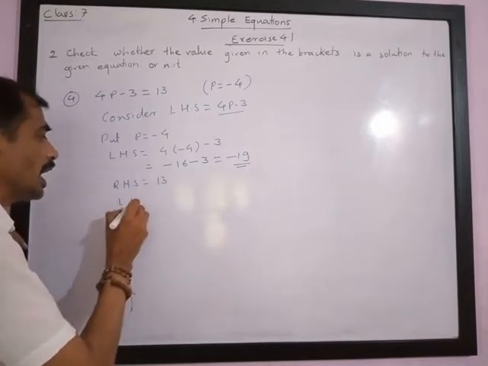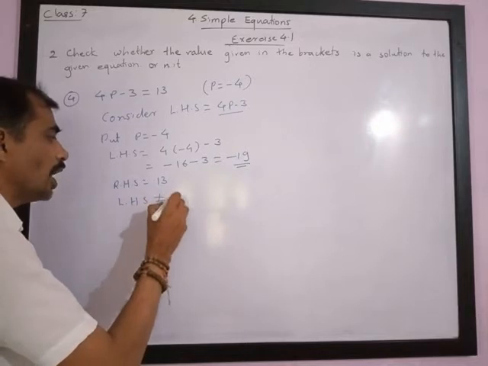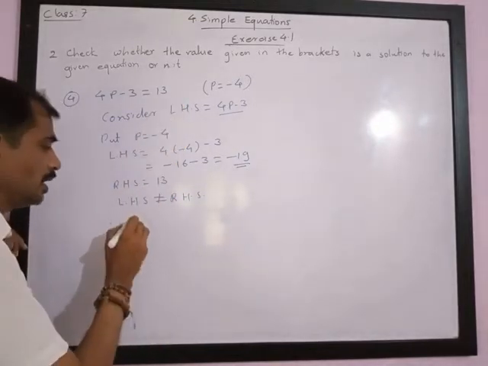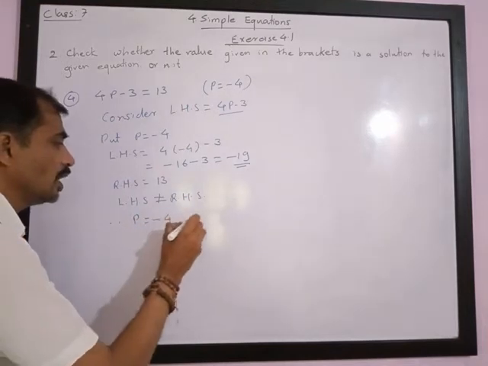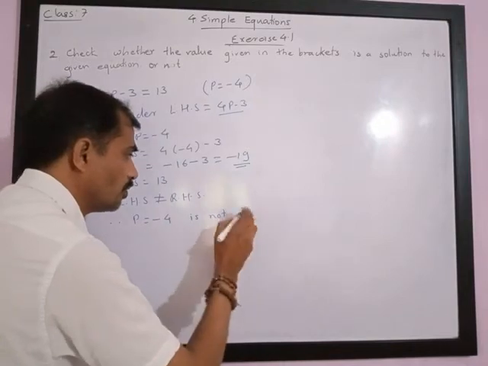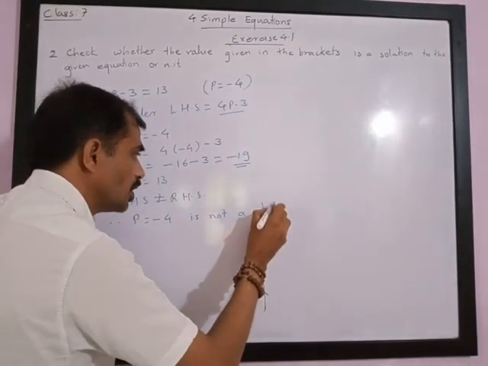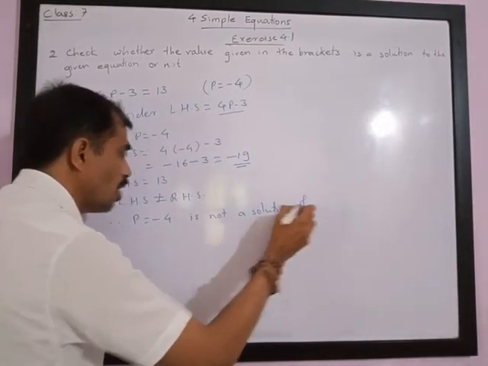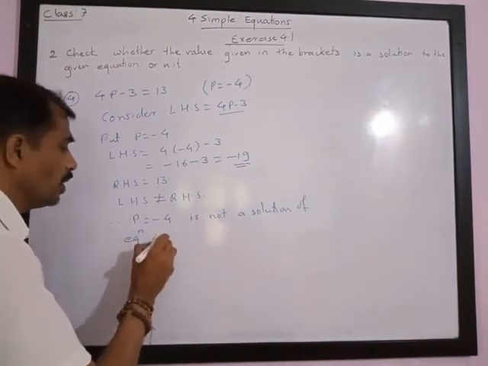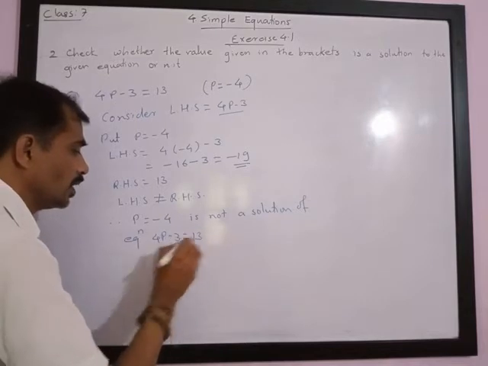Please note here, LHS is not equal to RHS. Therefore, we can say that p equal to minus 4 is not a solution of the equation. Given equation is 4p minus 3 is equal to 13.